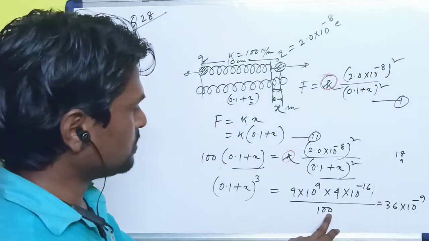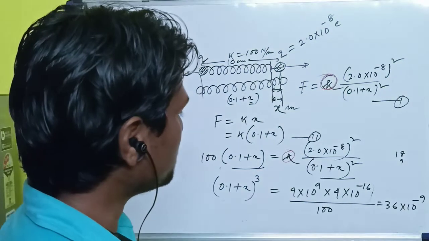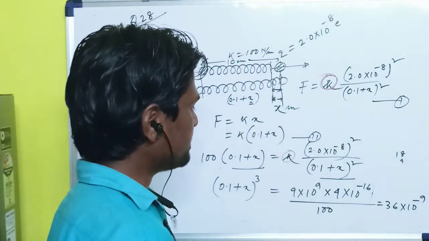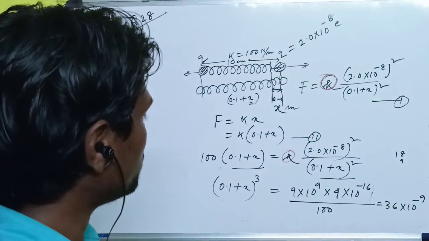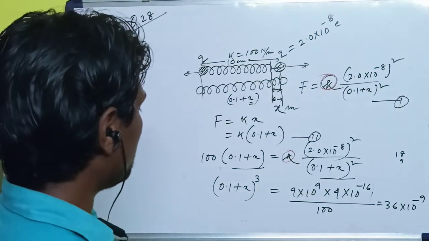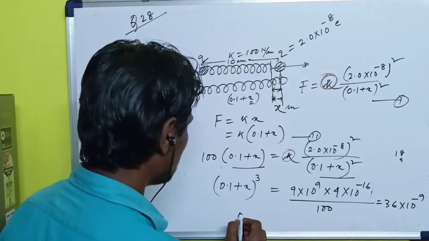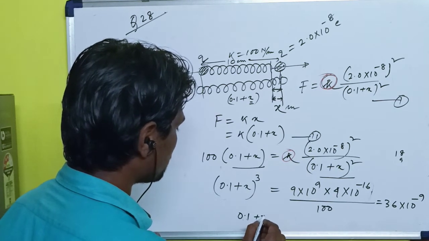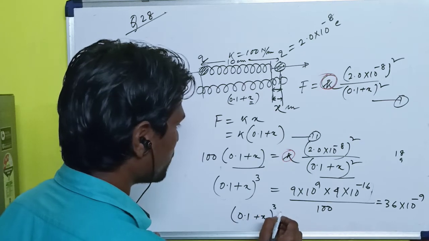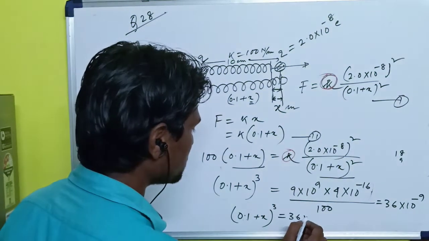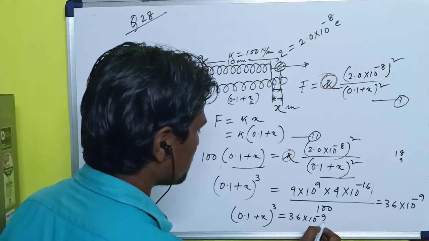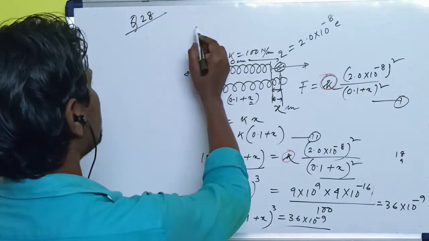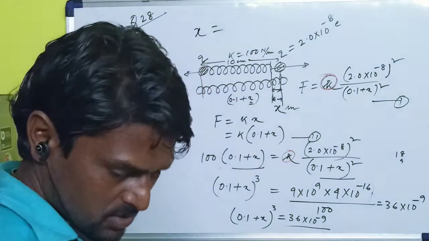When this comes to the numerator, 16 minus 2, 18 minus 9, so 36 into 10 to the minus 9, and so 0.1 plus x whole cube equal to this one, 36 into 10 to the minus 9. Then we can say that x equal to, this is the answer.